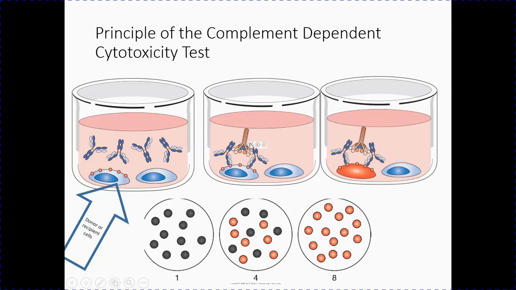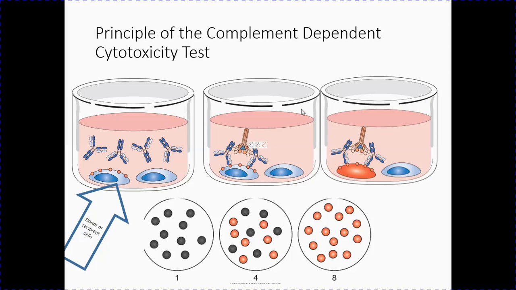How are we going to detect if this reaction took place or if no reaction took place? We're going to add in a dye into the test system. And the dye is going to be what's called a supervital dye or a supervital stain. And that's a stain that only gets taken up by live cells. If the cells are dead, they don't stain.